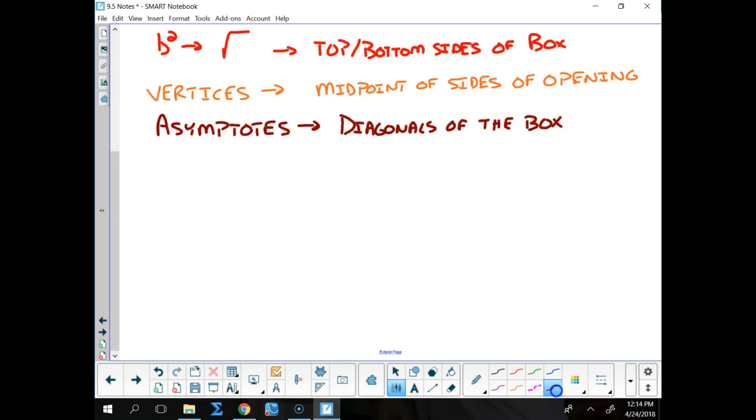Now, I gave you a couple of extra hints about the asymptotes yesterday, right? What was the first hint? What's the slope of the two asymptotes? One of them is going to be plus b over a. One of them is going to be minus b over a.